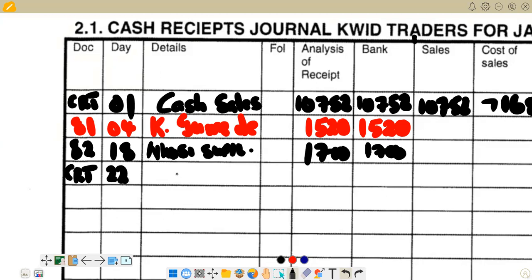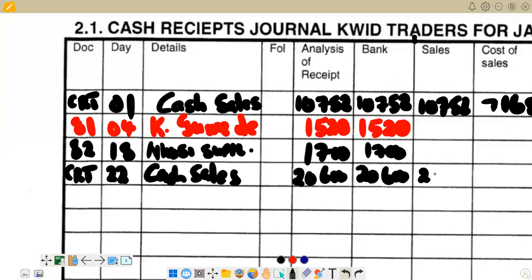And then on the details, remember these are cash sales. And then analysis of receipts, the figure that we have is 20,600. And this figure is going to come under bank again, and it will come under sales again, same as we did on the first part here.